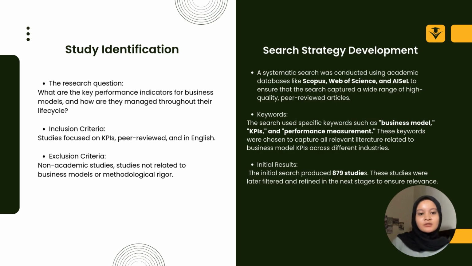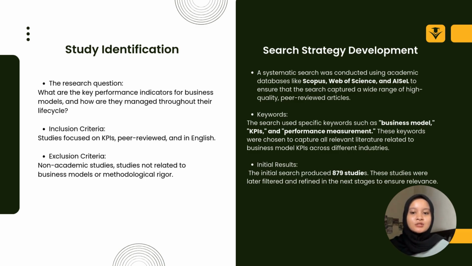In the inclusion criteria, studies focus on KPIs, are peer reviewed, and are written in English. The exclusion criteria are non-academic studies and studies not related to business models or lacking methodological rigor. For strategy development, a systematic search was conducted using academic databases like Scopus, Web of Science, and others, to ensure that the research captures a wide range of high quality peer reviewed articles.